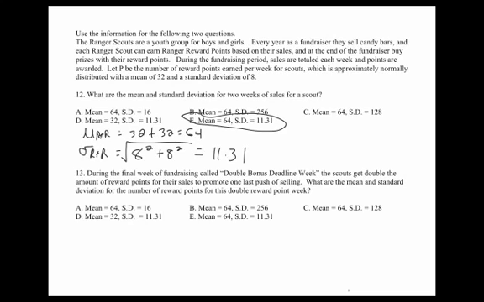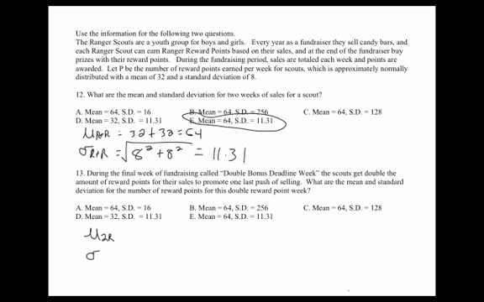And then last one here, during the final week of fundraising called Double Bonus Deadline Week, the scouts get double the amount of reward points for their sales to promote one last push of selling. What are the mean and standard deviation for the number of reward points for the double reward point week? Well, this is 1 week of sales, but we're doubling the amount of points.